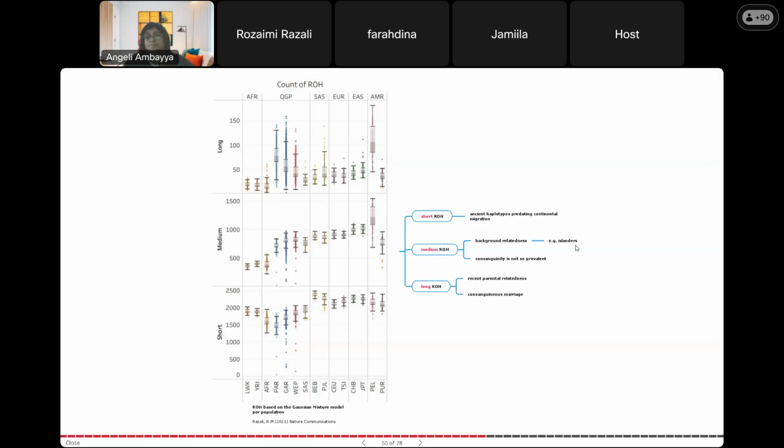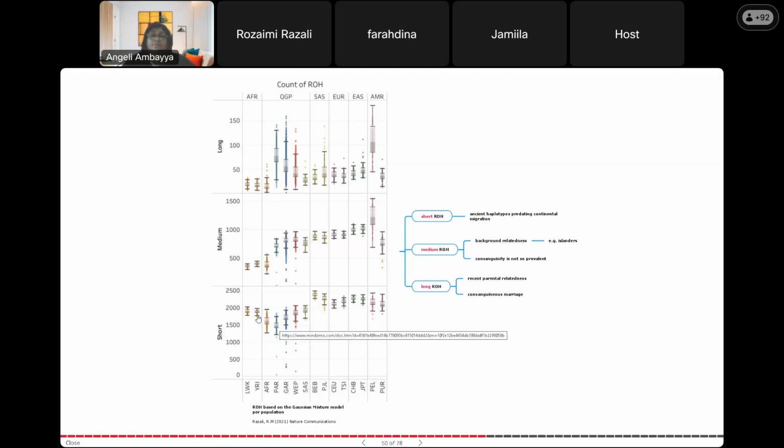So when we look at our ROH result, we notice that the PAR, remember, represents the Arabs living in Peninsular Arabia. They have a very low median, which indicates that they contain the most abundant ancient haplotype compared to even the modern African samples.